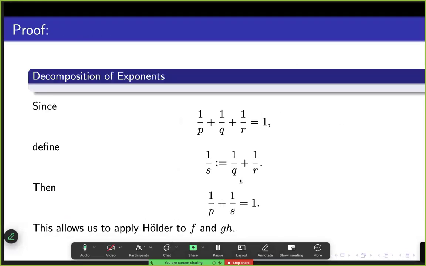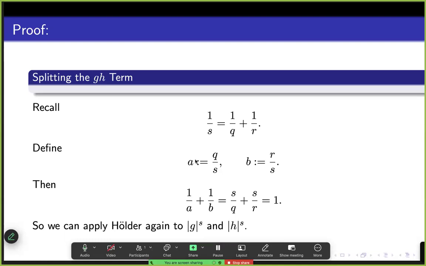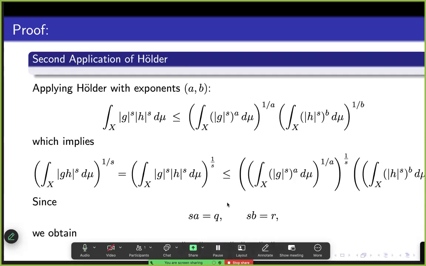We have the definitions a = q/s, so q = as, and r = bs.